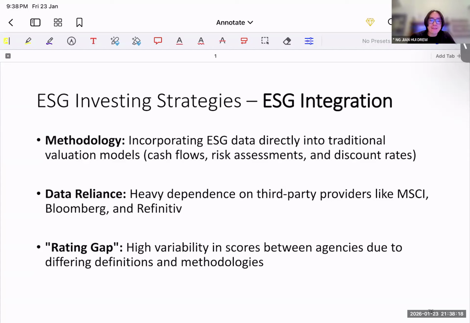The thing about ESG scoring in terms of investing strategy is that if the score is good, we put it in our portfolio. If it's bad, we don't put it, right? However, the difficulty is that this rating is hardly comparable, right? It's hard to say one score is better than the other because they are all using different yardsticks of measure.